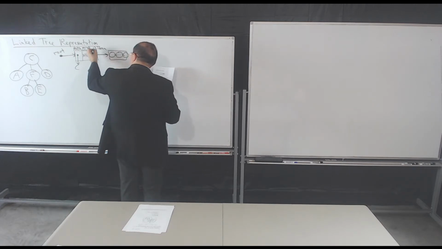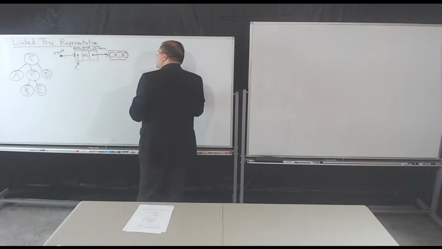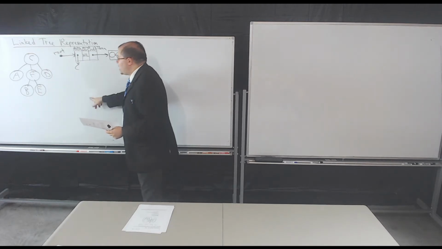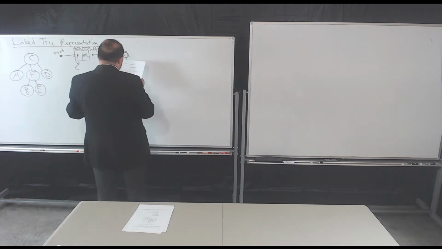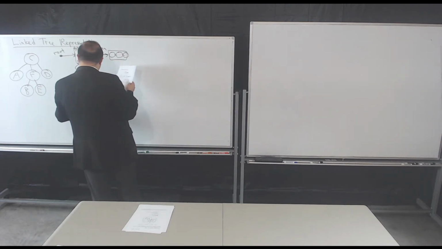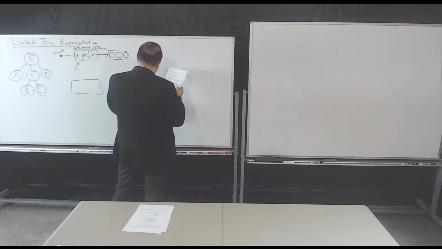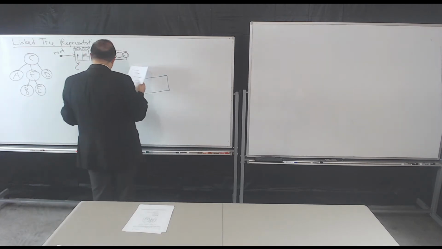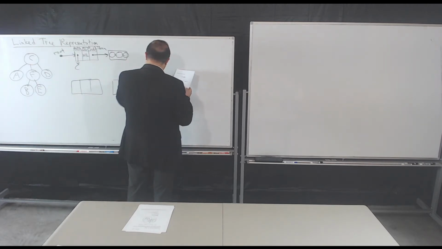So I have a reference for the children. This is a list, and it consists of references to other nodes that are my children in the tree. So I have 3 children, right? 1, 2, 3, right here. So I have 3 fields, 3 fields, and 3 fields.